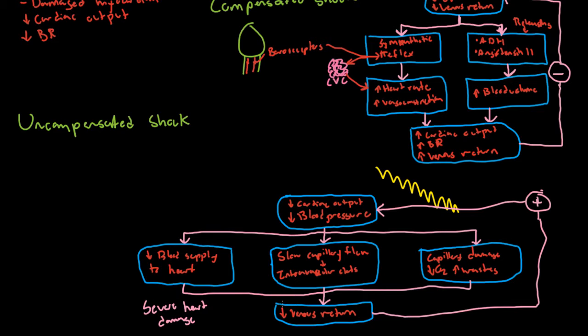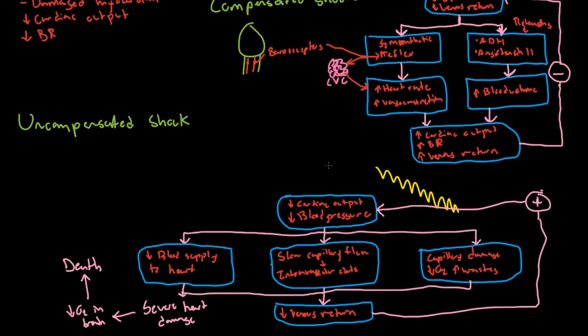And if the vital centers in the brain fail, that could actually lead to death. So, in short, I'm just going to quickly draw this diagram here that I've explained. So, decrease of O2 in the brain. And that itself may actually lead to death if the vital centers fail.